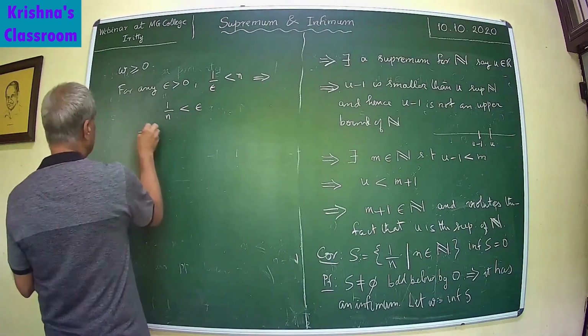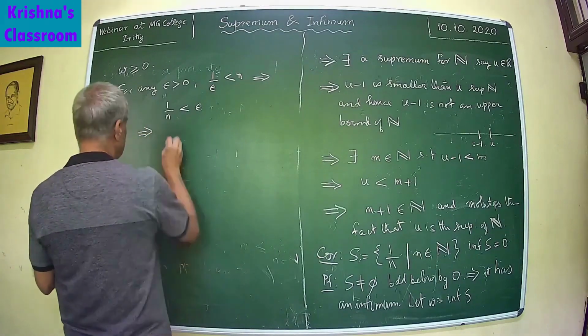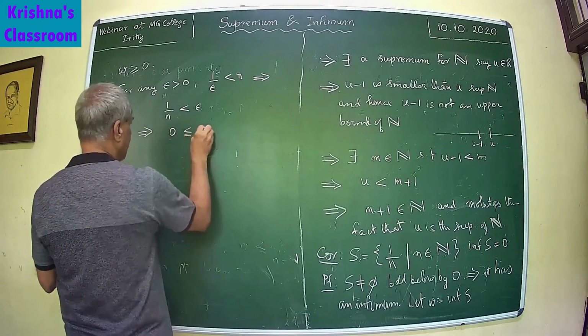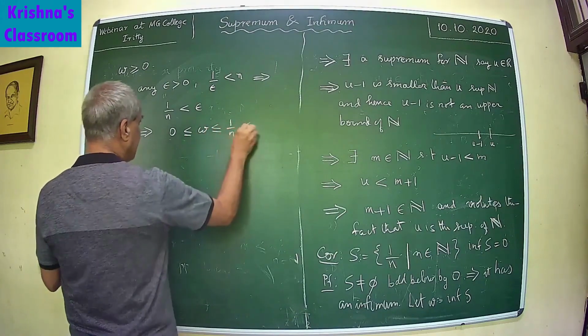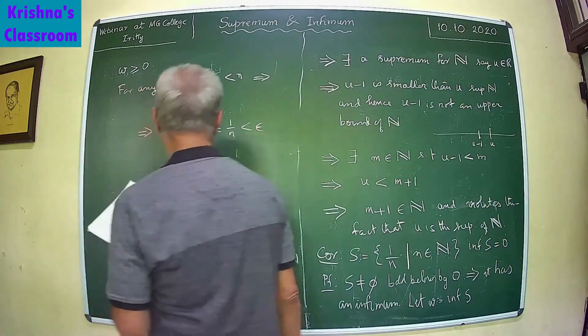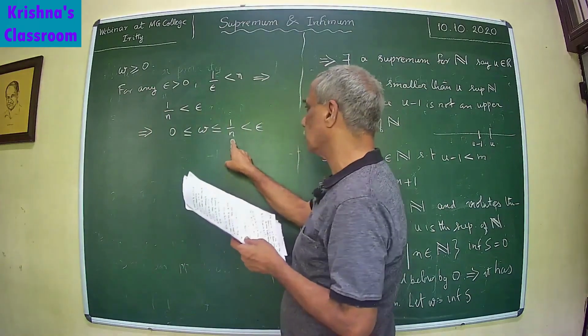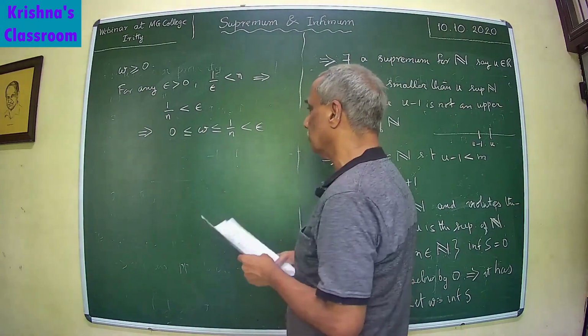That implies 0 less than or equal to w less than or equal to 1 by n less than epsilon. Therefore, for any epsilon this is true, therefore w is equal to 0.